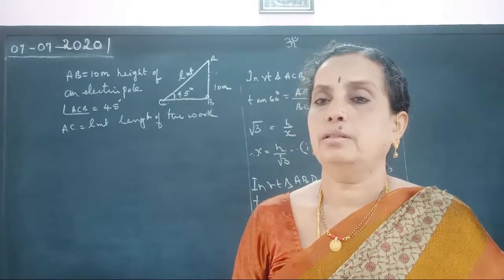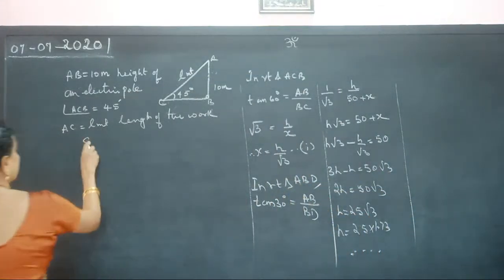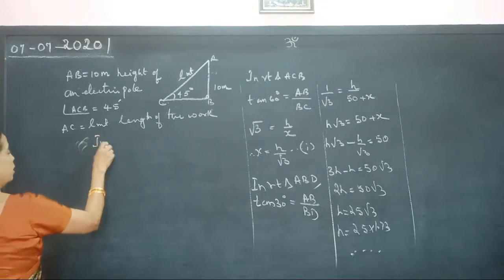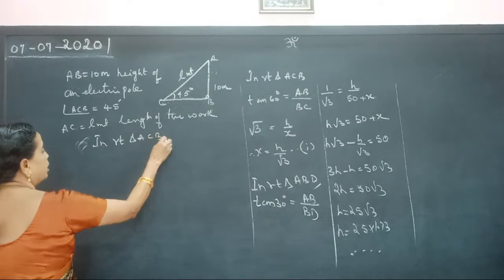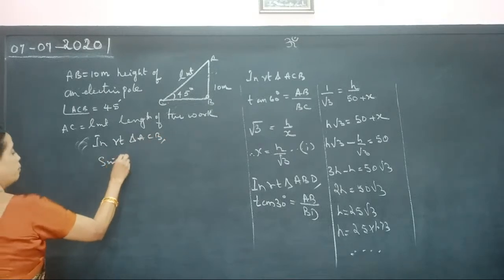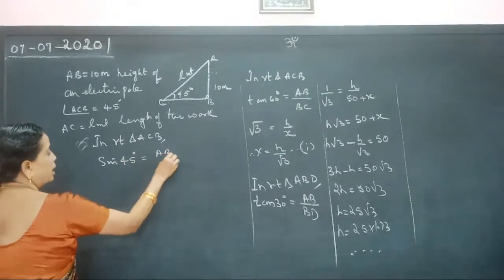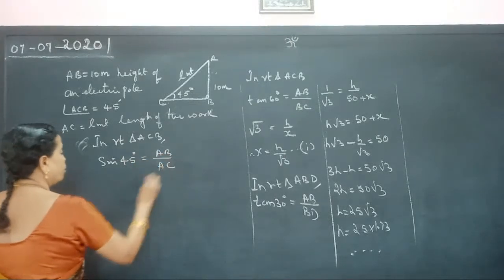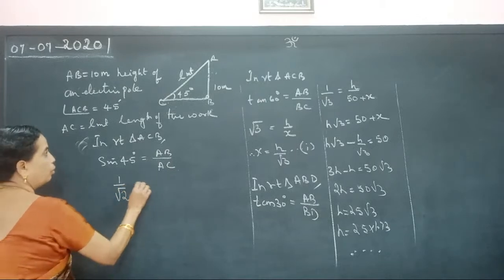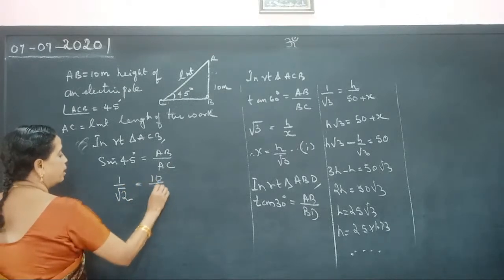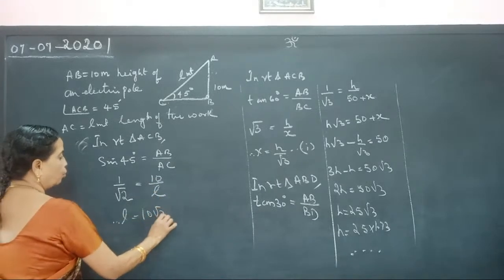It is sine. Sine, so mention the triangle. In right triangle ACB, sine 45 degree equals opposite side by hypotenuse. What is the value? Sine 45 is 1 by root 2, equals 10 by L. Therefore, L equals 10 root 2.